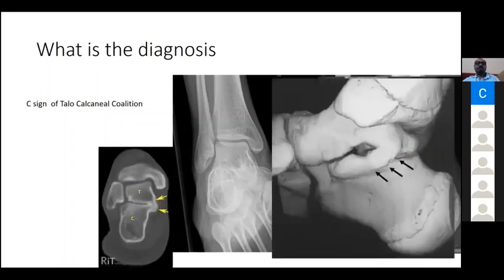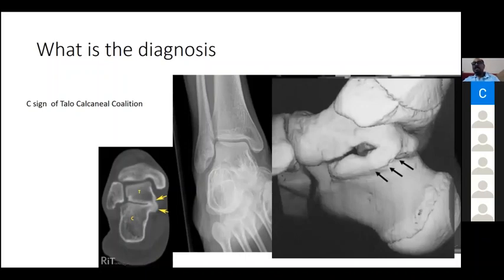Excision of the bar. So in a younger individual, whether it is fibrous or bony, it is managed by excision of the bar.